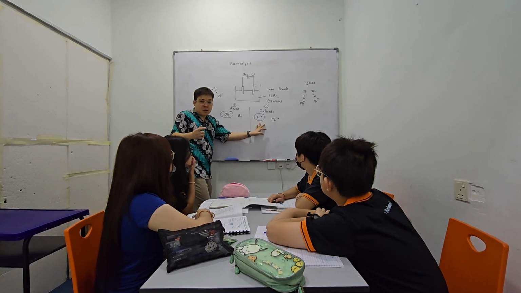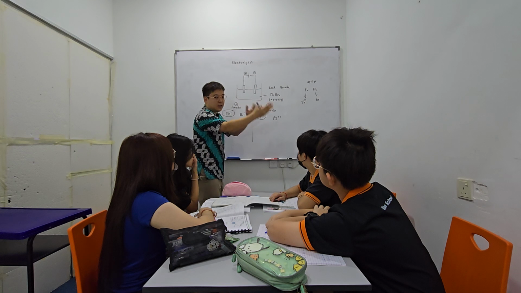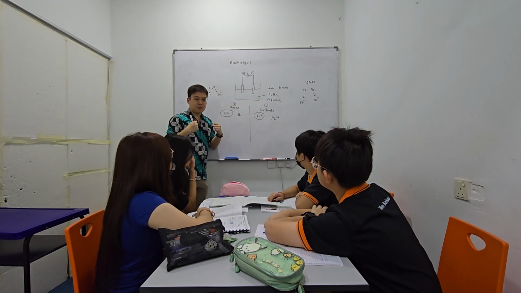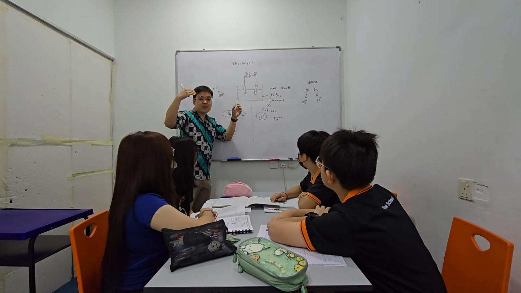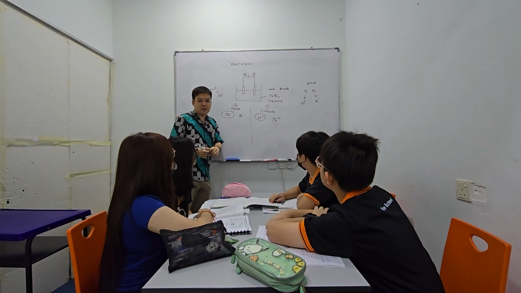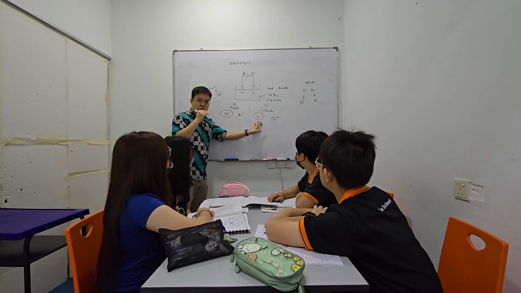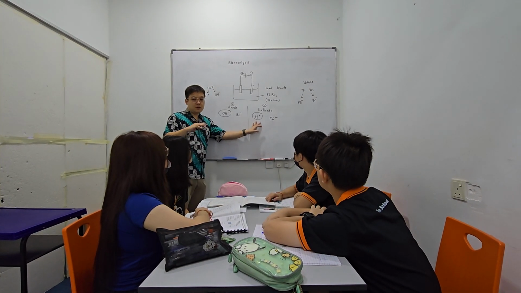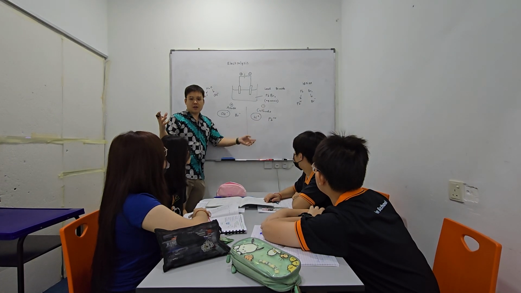Do you get what I'm saying? Because all this is their stable form, because either this side they donate electron and this side they accept electron already. So they are stable already, but this electrolysis will force them back to the unstable form, the not stable version. You get what I'm saying? So normally the weaker one will get chosen to be forced back. You get what I'm saying? Okay, clear?